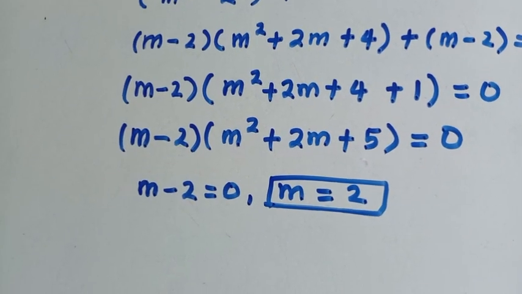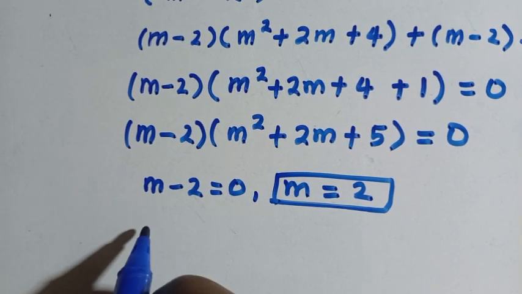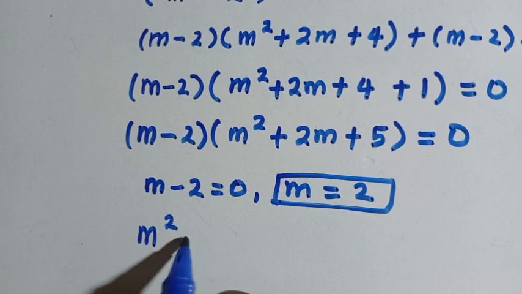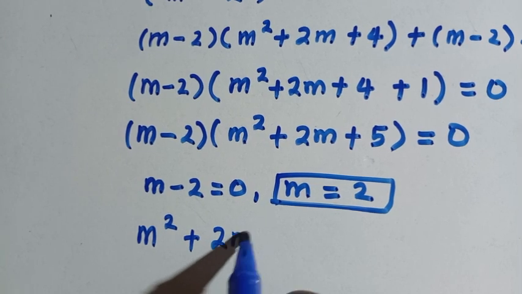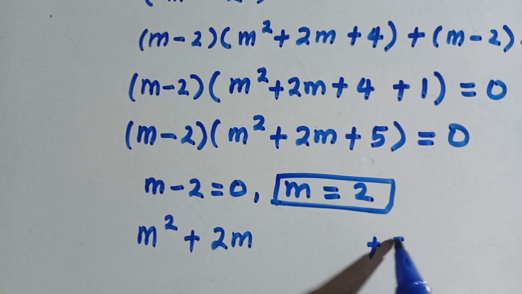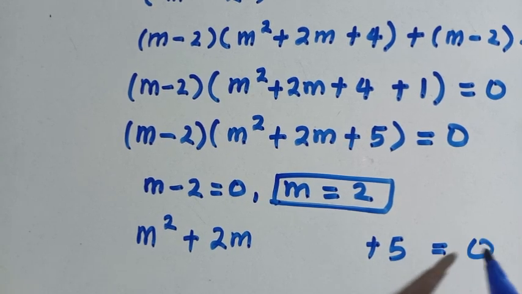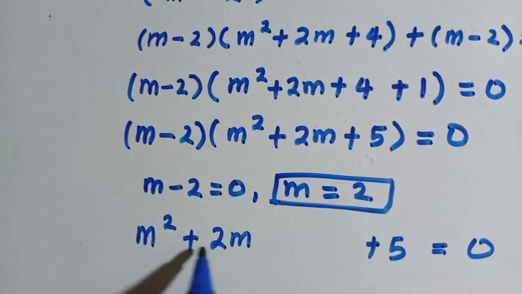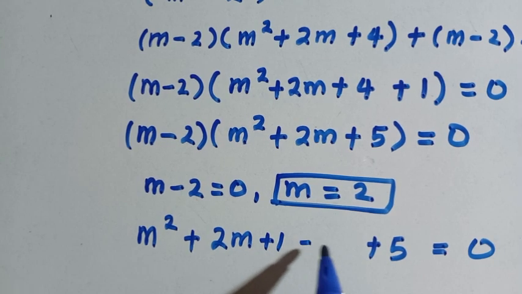And also for the other part, which is m squared plus 2m plus 5 equals 0. Suppose I add plus 1 and minus 1 to this.